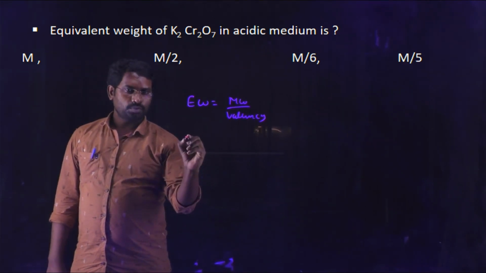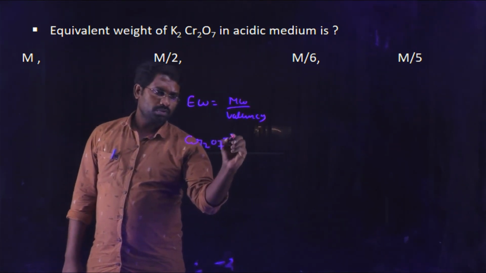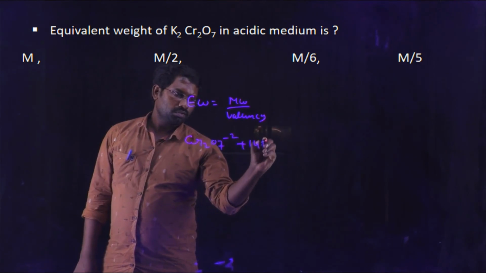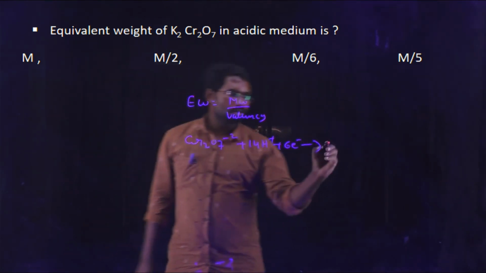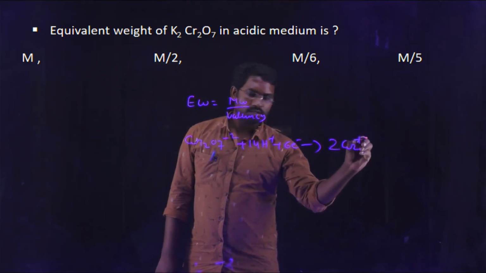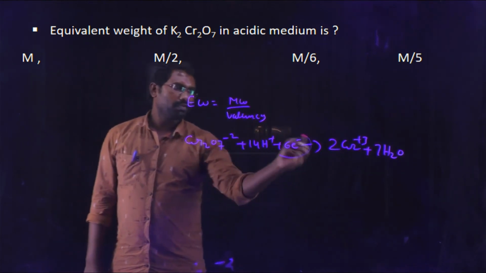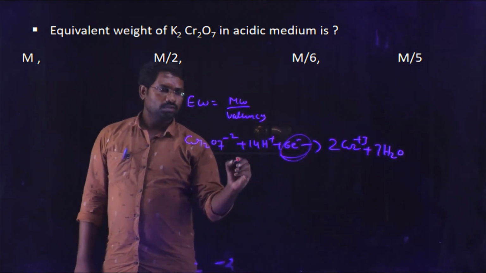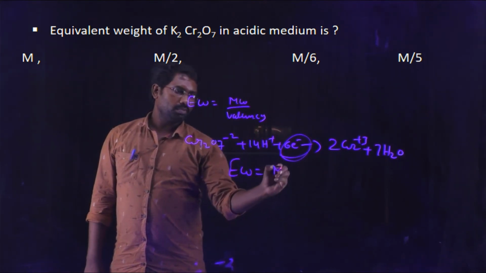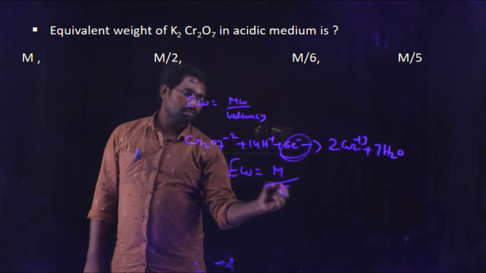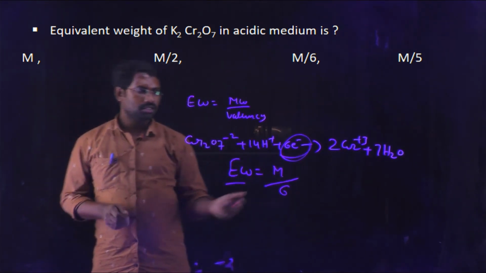Therefore we write the dichromate ion, Cr2O7 2 minus, plus 14H plus, plus 6 electrons, which gives 2Cr3 plus plus 7H2O. So how many electrons are involved here? 6 electrons. Therefore, the equivalent weight is equal to the molecular weight, M, divided by the number of electrons involved, that is 6.